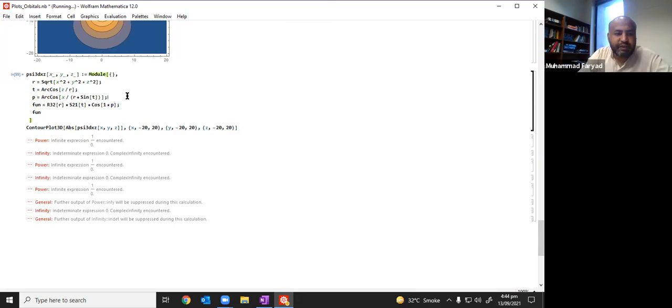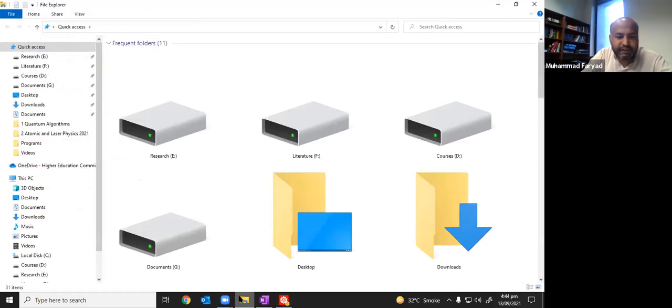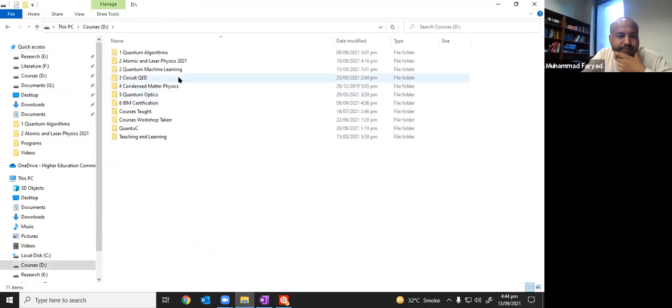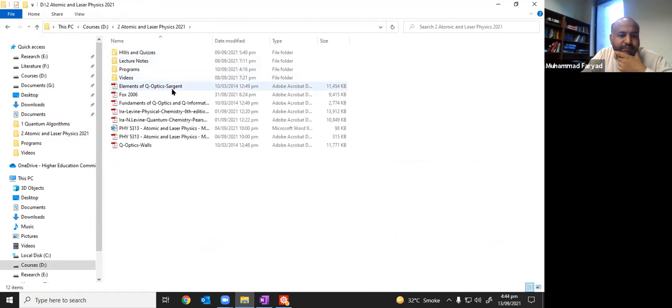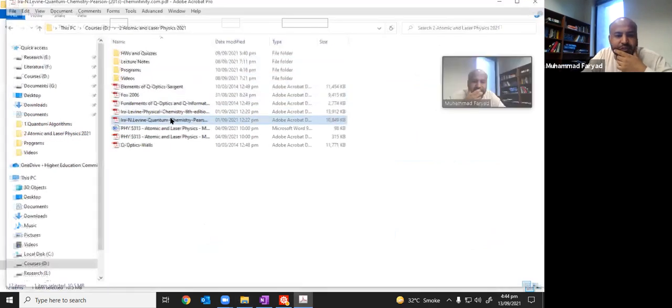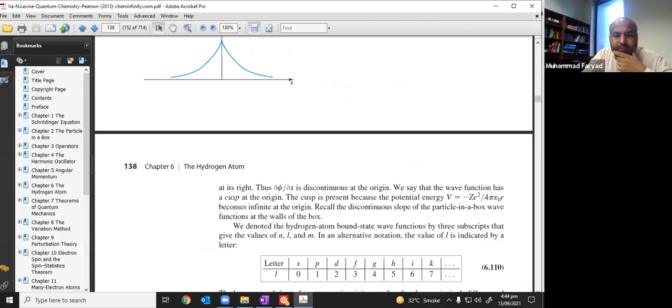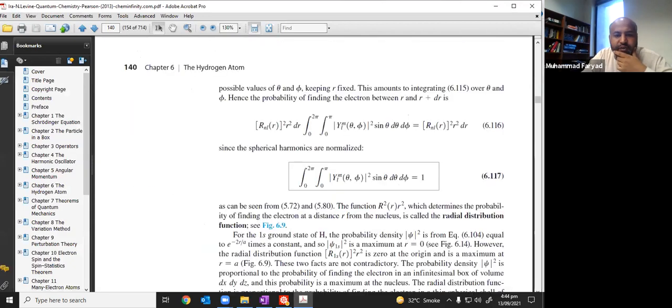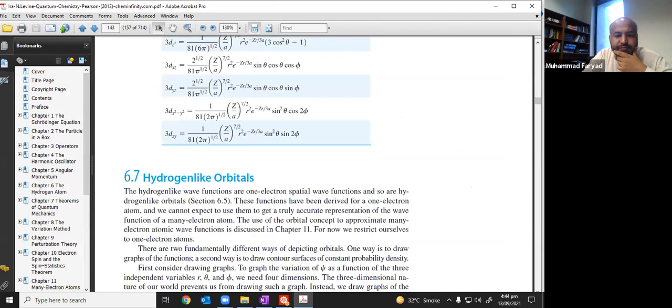Okay, so while it's working, I hope that by this you get an idea how to visualize and understand these plots. Let me copy the plots that are given in the book for some of these orbitals.